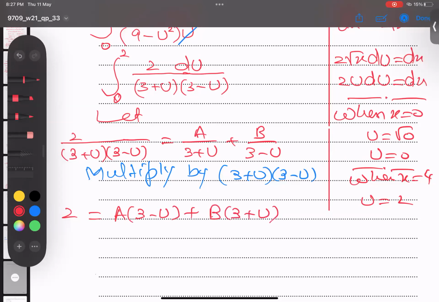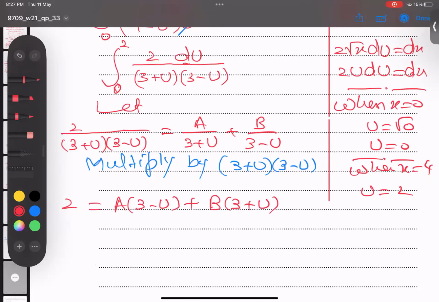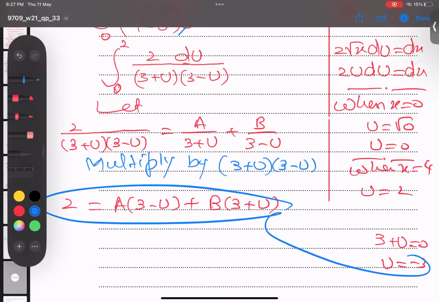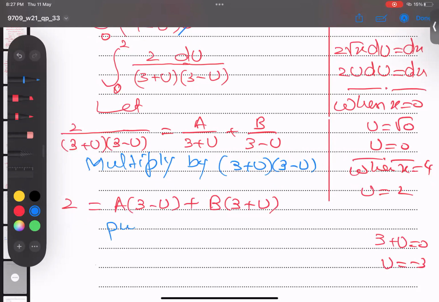All right, this done. Now what I'm doing, you know it well, students. So one time this factor is equal to 0. When I plug in this plus 3 is equal to 0, I got u value is equal to minus 3. So I'm putting in the whole equation u is equal to minus 3. And when I replace minus 3, students, left hand side 2 remains same, but I put a minus 3 here.